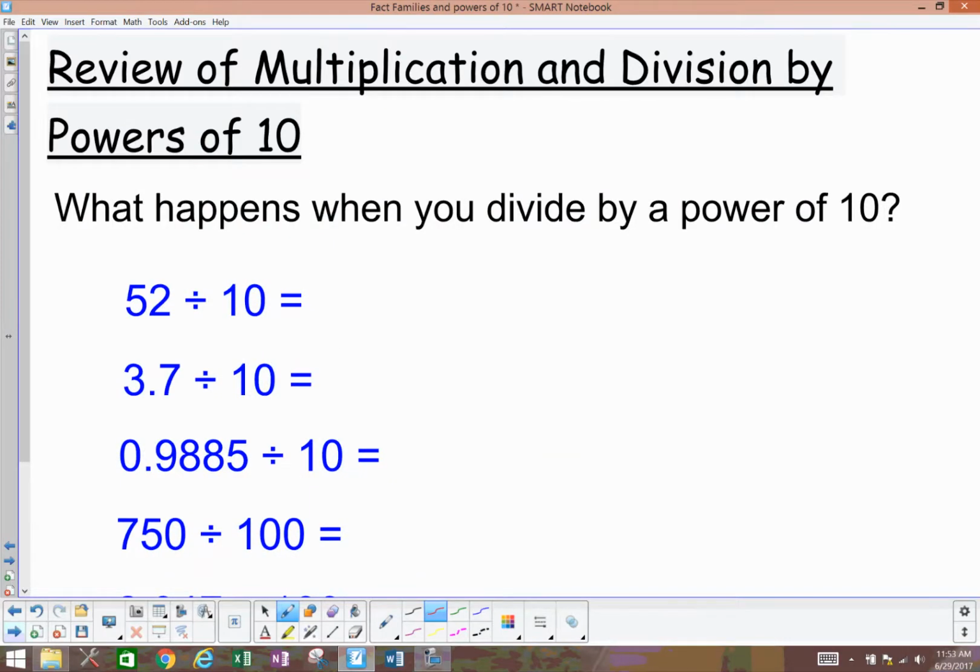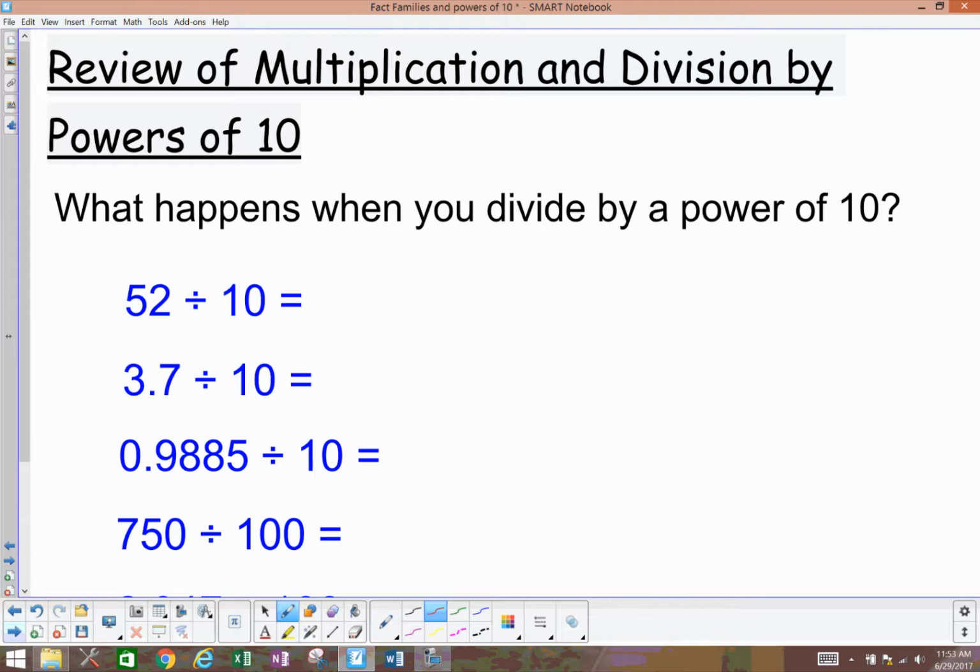But what happens when you divide by a power of 10? Well, if you divide by a power of 10, remember dividing by a power of 10 is the same as multiplying by a negative power. So if I am dividing by 10, it would be the same as multiplying by 10 to the negative 1 power.